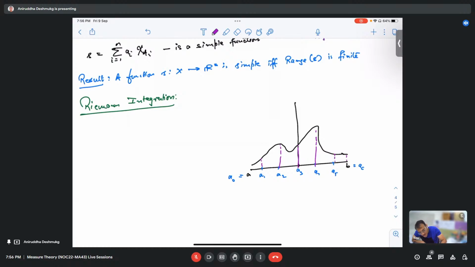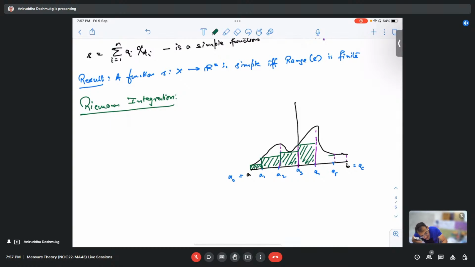Now, inside A to A1, let us look at the infimum of this f. So it is this, right? Let us look at this rectangle. Inside A1 to A2, let us look at this rectangle. Then A2 to A3, the infimum is this one, so let us look at this rectangle. A3 to A4, this rectangle.